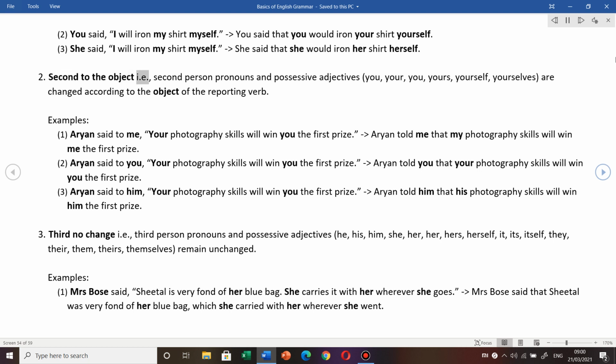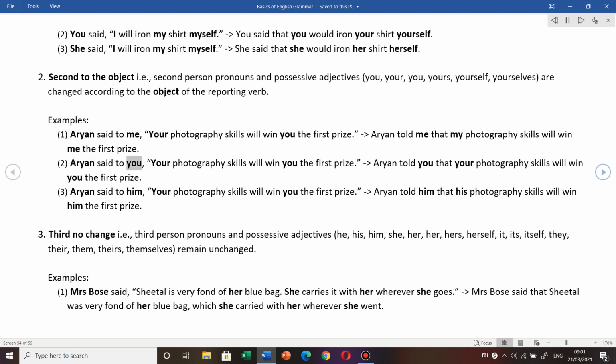Second, the object I: second person pronouns and possessive adjectives, you, your, yours, yourself, yourselves, are changed according to the object of the reporting verb. Examples. Ayan said to me, "Your photography skills will win you the first prize." Ayan told me that my photography skills will win me the first prize.